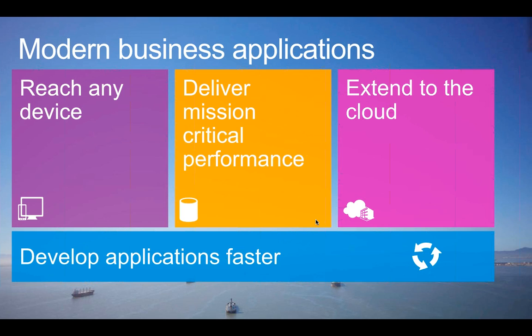You have lots of legacy applications that have been there, and they do provide the business value that they are looking for. What might be missing in this context is how they reach the different types of devices that are coming in. Of course, then you need to deliver the mission critical performance when you make it available on any device, and then this is how you can extend it into the cloud to meet those demands, so that you develop the future iterations of these applications faster.